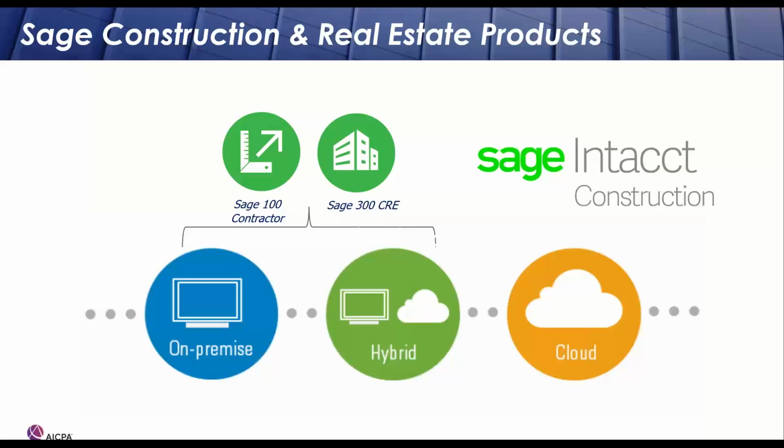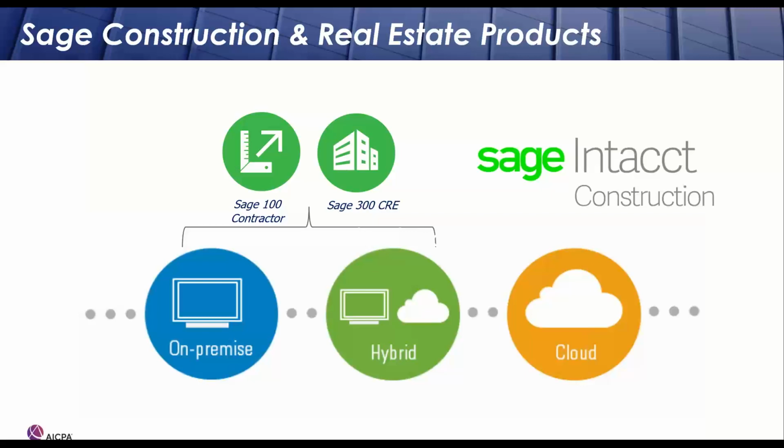Today, 100, 300 can be on your server, on premise, in your building, or it can be in a hybrid environment, cloud hosted. Plus, both of these products have a whole slew of available web services to extend operations to the web for reporting on a web or with a mobile user.